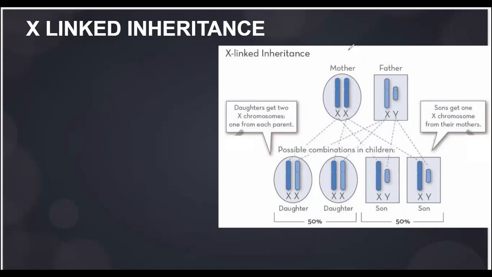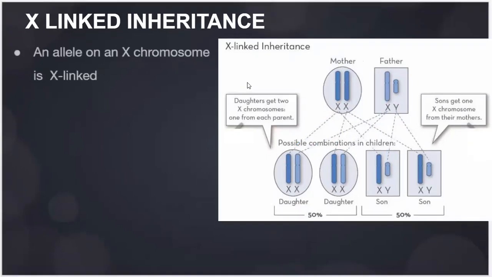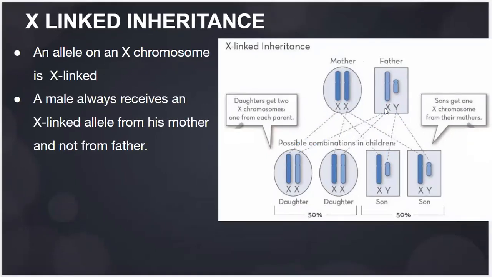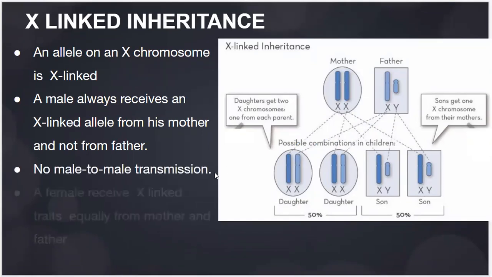Okay, so basically X-linked inheritance means we are talking about the genes which are located on the X chromosome. A male will always have the X-linked genes coming from the mother, not the father. So if a son is born, he will have the X from his mother, not the father. So no male to male transmission will happen.